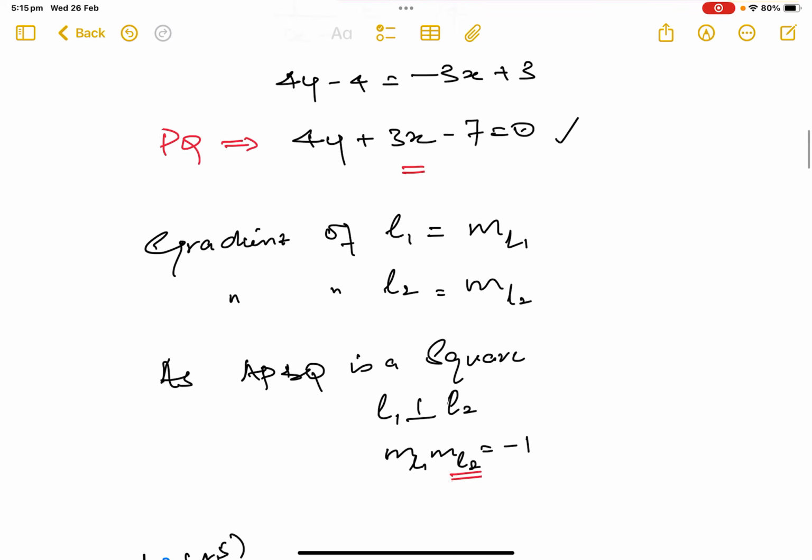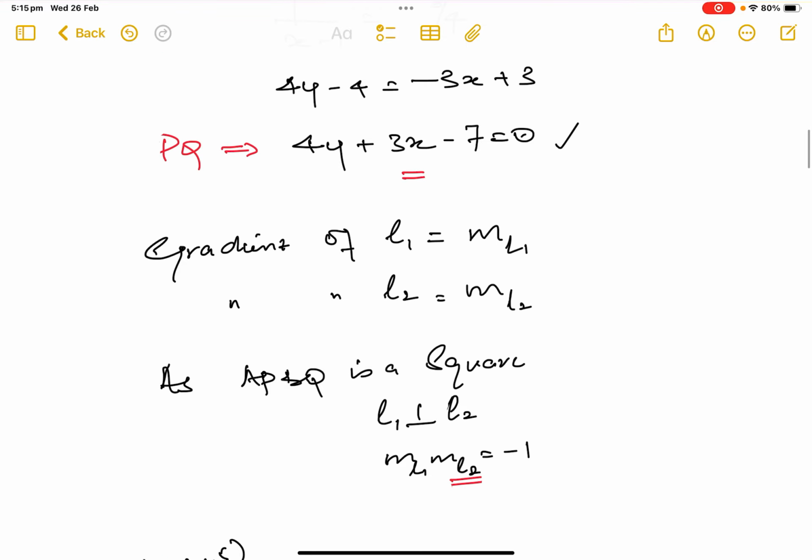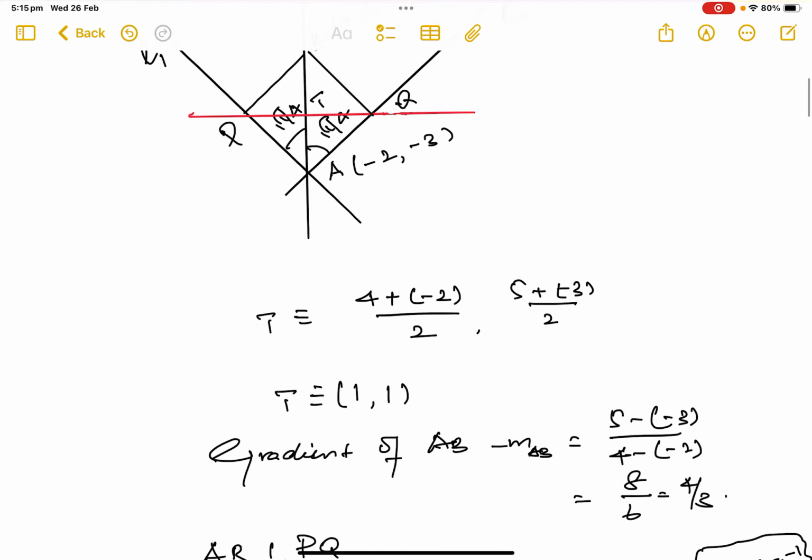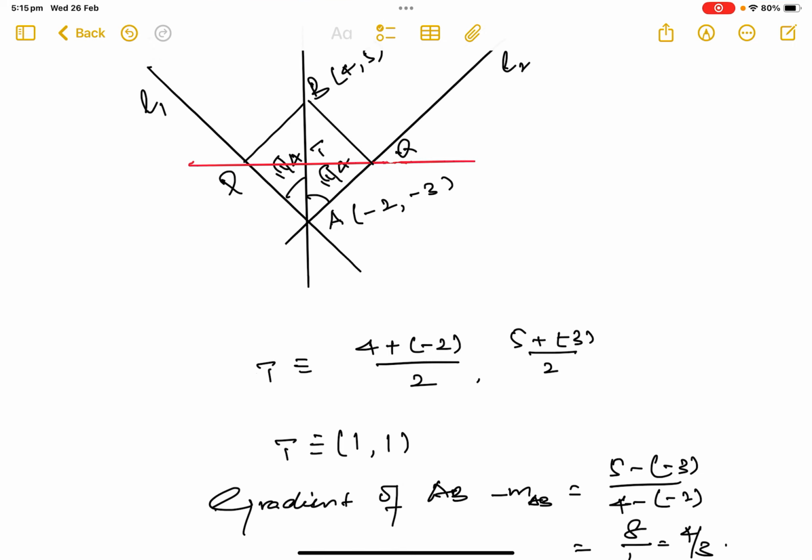Now the coordinates of P and Q. We know the gradient of L1, call it m_L1, and the gradient of L2, m_L2. Because L1 and L2 are each at 45 degrees to AB, L1 and L2 are perpendicular to each other. The angle between L1 and L2 is pi by 4 plus pi by 4, which is pi by 2, 90 degrees.